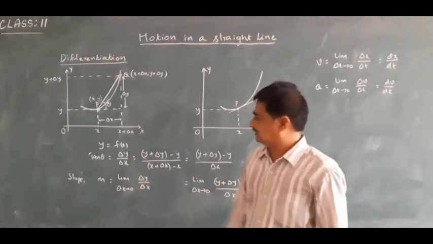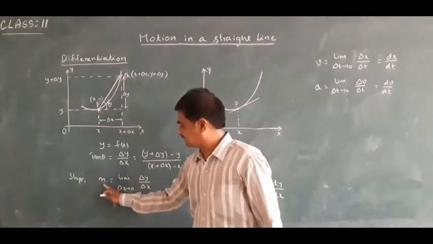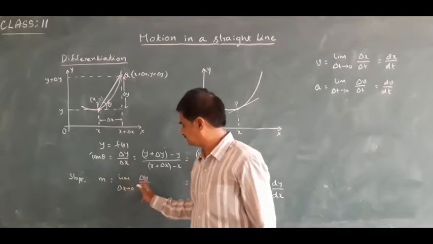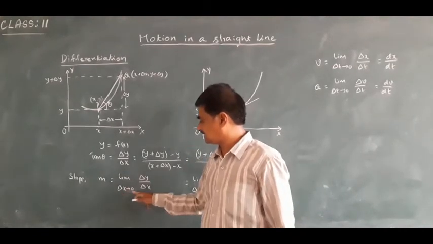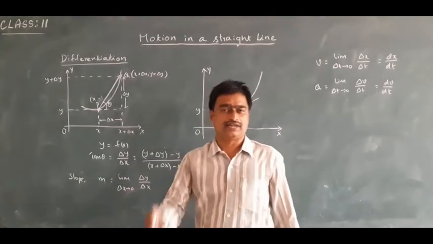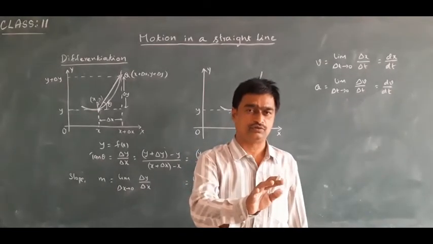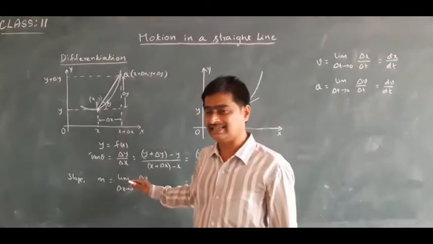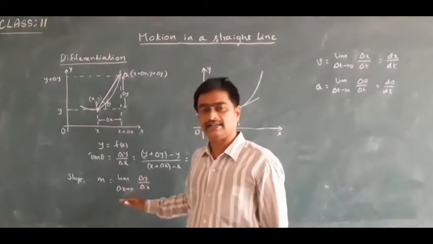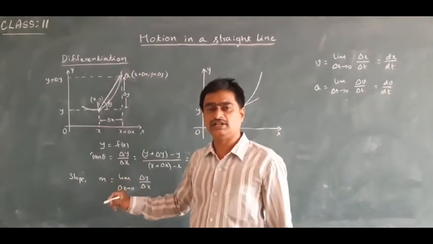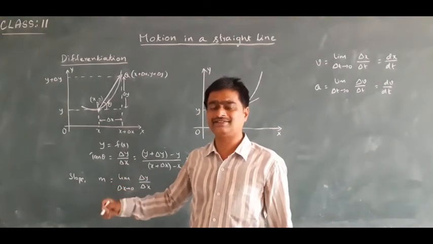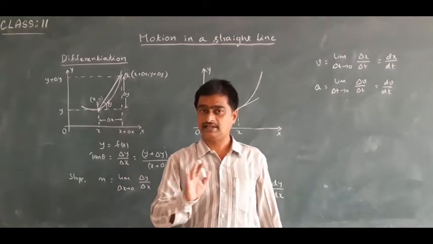Now we take that as the slope: limit of delta y by delta x as delta x tends to 0. Delta x tends to 0 but is not 0. You have to understand that logic here. It is tending towards 0. It is so small that we can treat it as 0, but it is not 0.